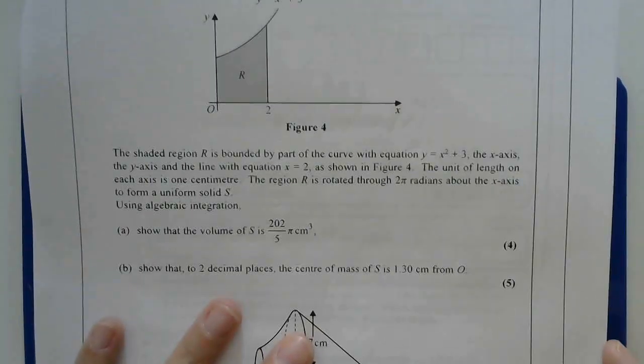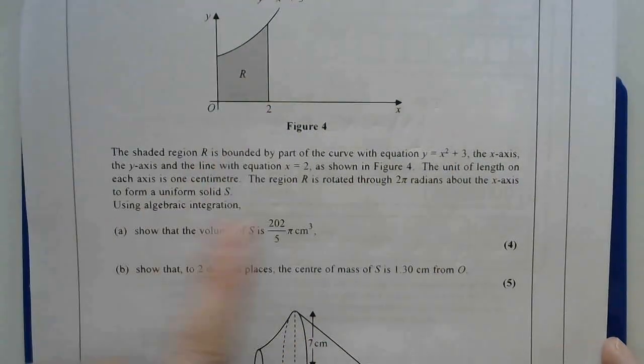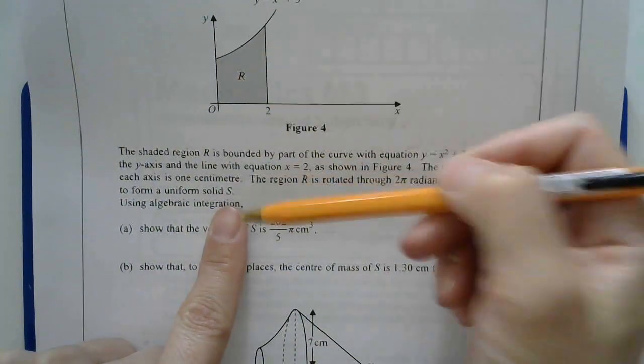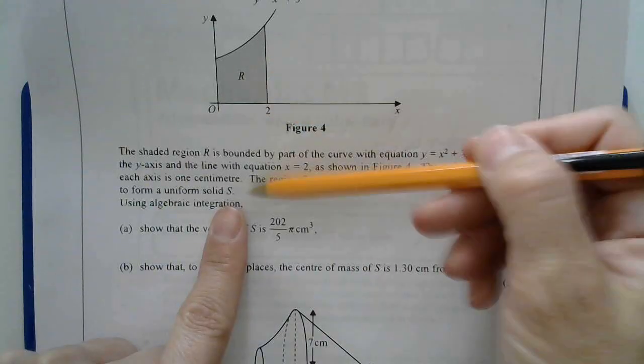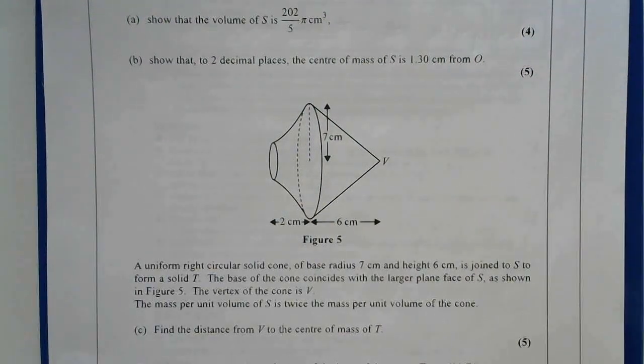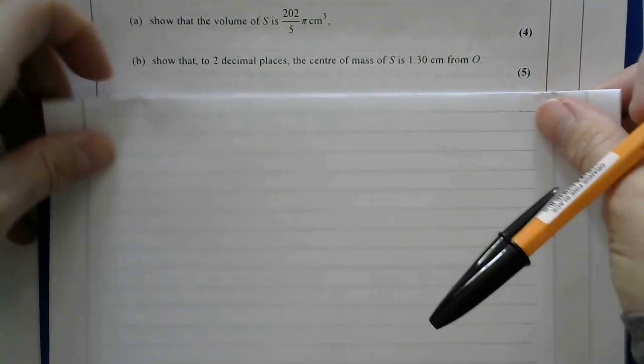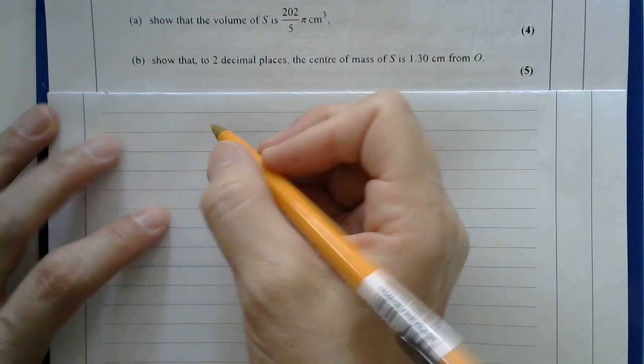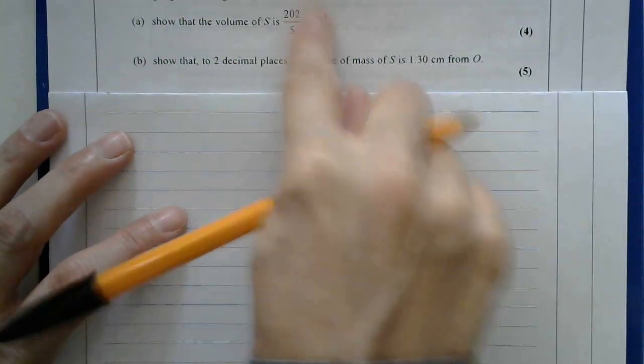Right, what was S again? R was this region, but S is the solid formed when you rotate that region 2 pi radians around the x-axis. So here I need to use the formula for the volume that I've worked out here.